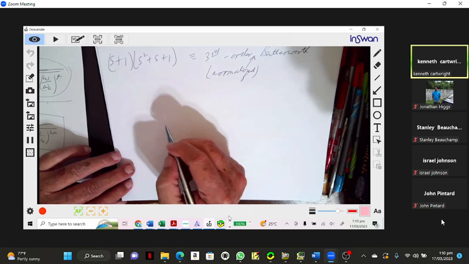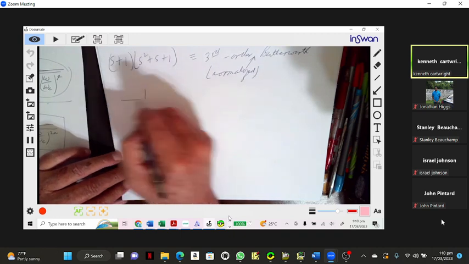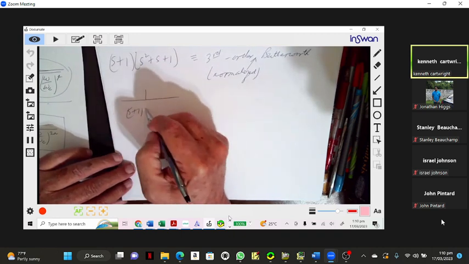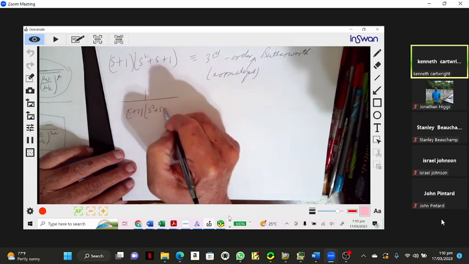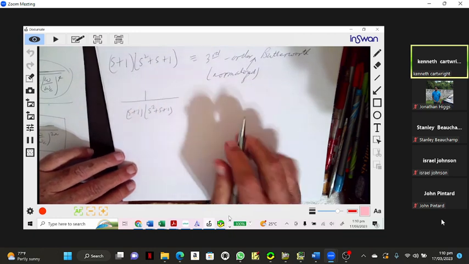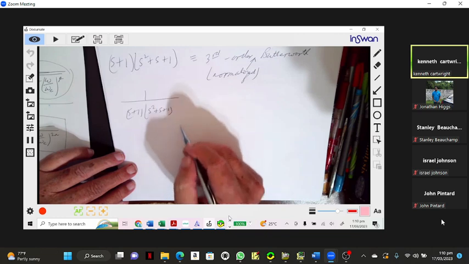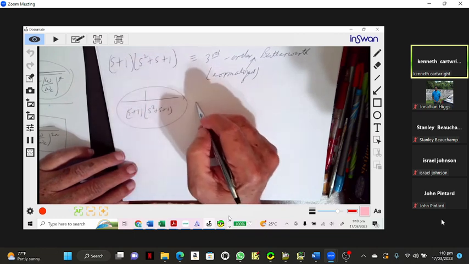So a third order filter then would be a third order low pass filter. What cutoff frequency is that?